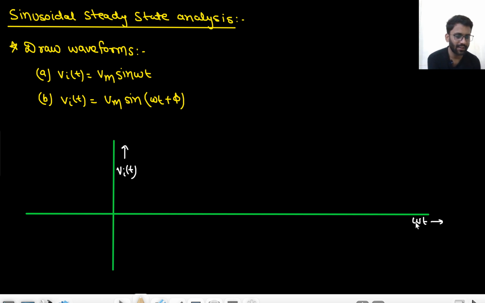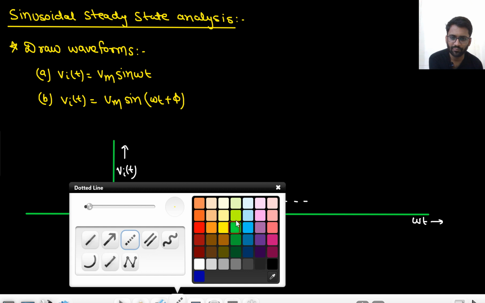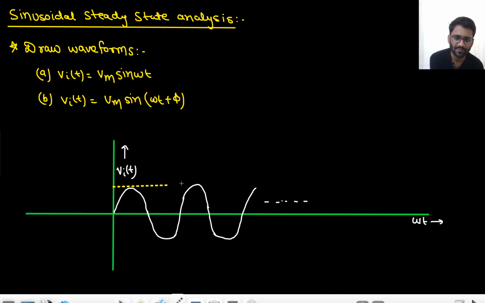This is not t, this is omega t. So first is the sinusoid, a simple sinusoid. Right? This is how the waveform will look. This is plus Vm.